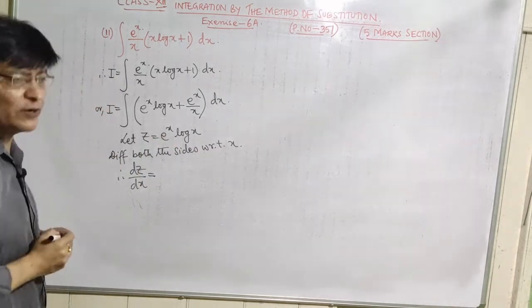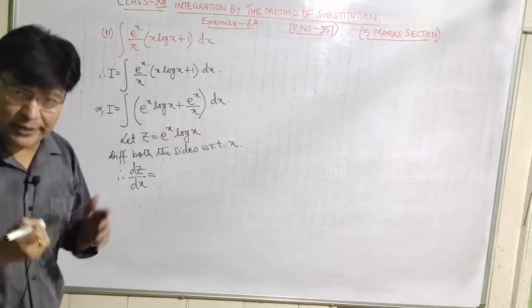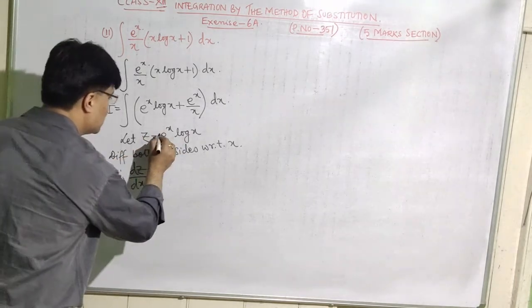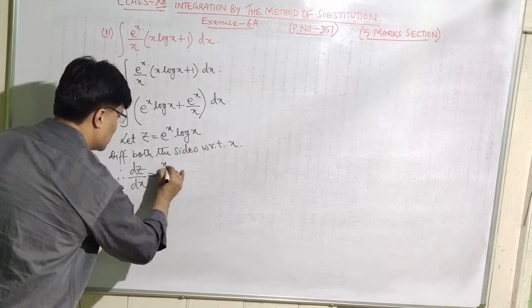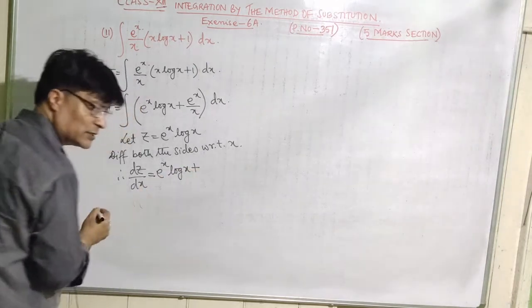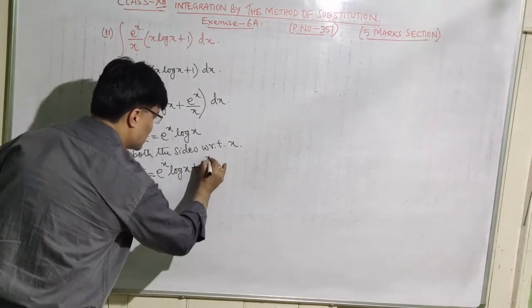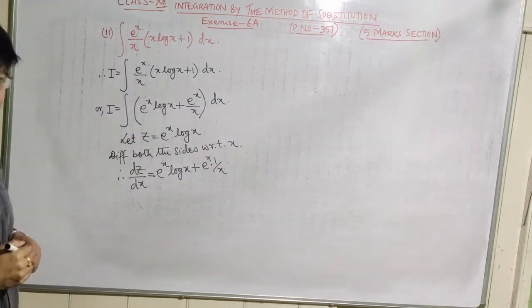This is the product of two functions, so we can use the product rule. Let us differentiate e to the power x keeping log x as it is: e to the power x log x remains as it is, plus e to the power x is kept as it is, and the differentiation of log x is 1 upon x.